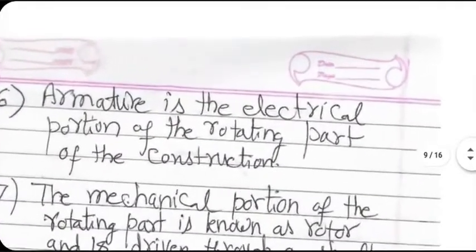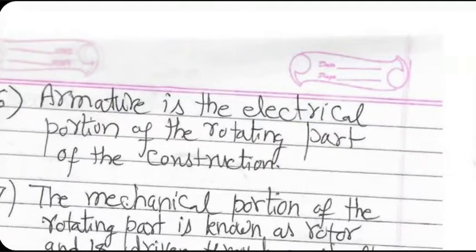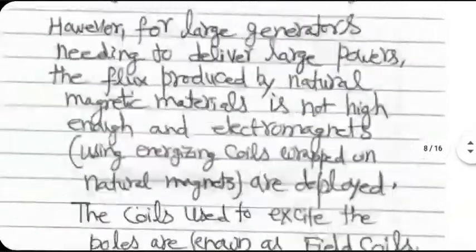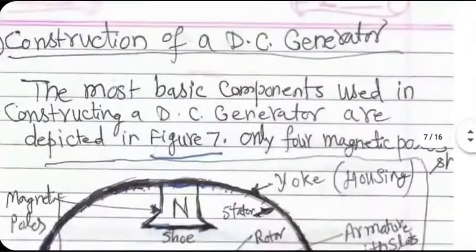Armature is the electrical portion of the rotating part. The mechanical portion of the rotating part is known as rotor. That's another word we use. And that rotor part is driven through a shaft at its center. So let me go back again.